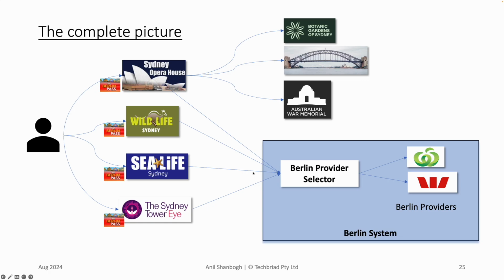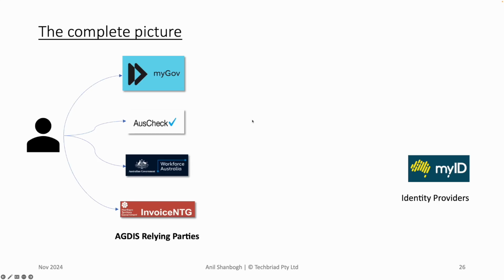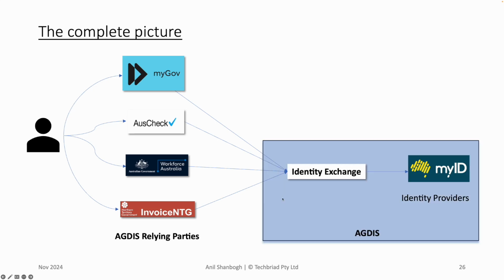So this whole system, this whole picture that we saw in terms of an attraction example maps exactly to AGDIS and myGov. So these are all these different IT services that I want to access. So in order to avoid registering at each of these services, I go and register at a single service called myID or Identity Exchange, get a digital identity. This entire thing is AGDIS or digital identity.